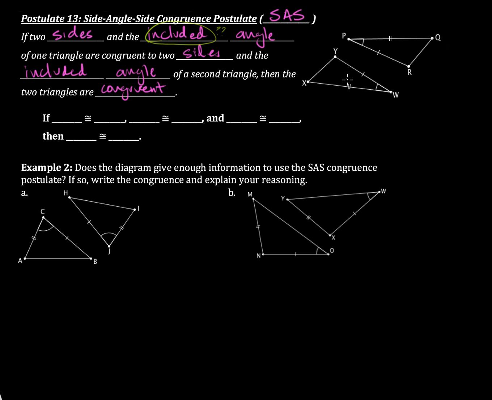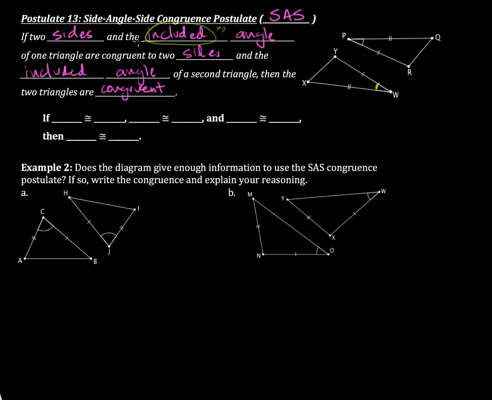If I look at triangle XYW here, I notice that YW and XW intersect at point W. So angle W is the included angle for those two segments. If I was looking at XY and YW, then angle Y would be the included angle between XY and YW. Or if I was looking at YX and WX, then angle X would be the included angle. So that's what this phrase included angle refers to. It's the angle that's formed by two sides that join together.